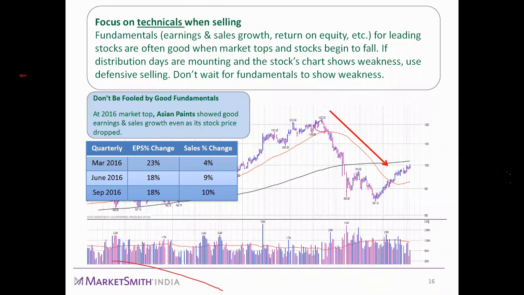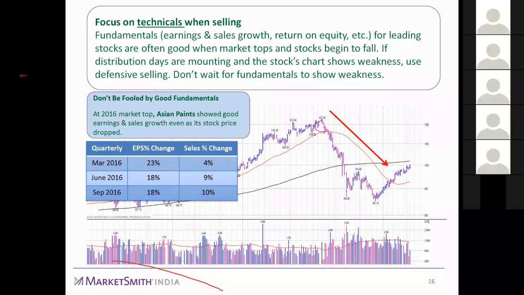You might see that the stock falls based on general market distribution, or you might see some companies reporting below consensus, below estimate earnings, and suddenly the stock starts making a downtrend. If the distribution days are mounting, we all know a distribution day is when any of the indices falls by 0.2% or more and the trading volume is more than the previous trading session's volume.